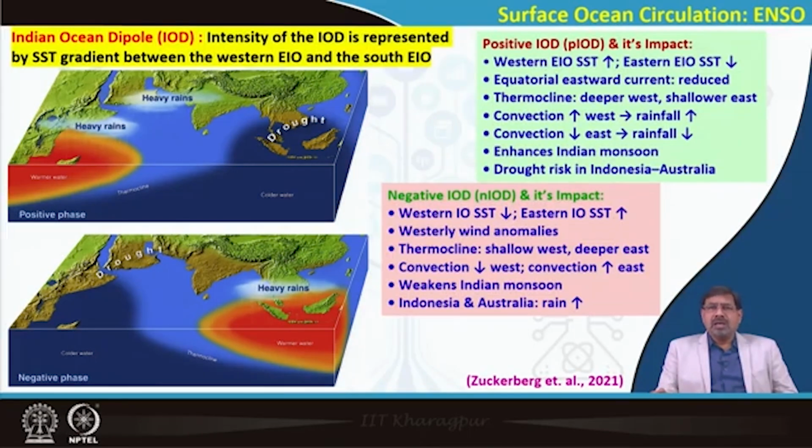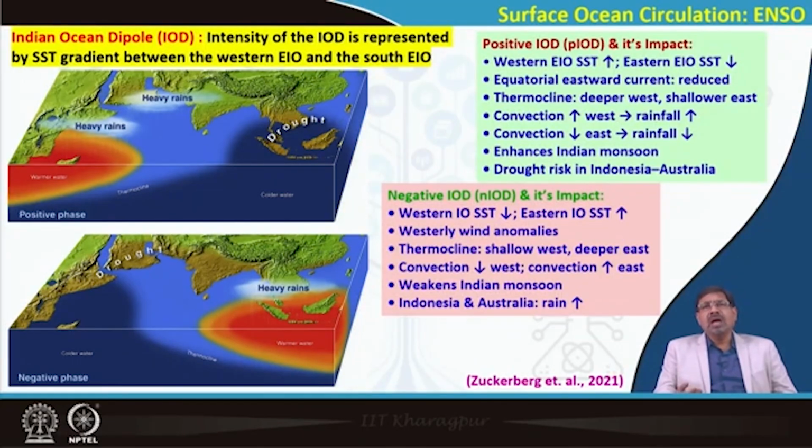So, the equatorial eastward current is reduced, the thermocline is deeper in the west and shallower in the east, and the convection moves west, more rainfall happens, and vice versa. In turn, it leads to an increase in the Indian monsoon precipitation. So, the drought risk in Indonesia to Australia is there, whereas in terms of the negative IOD, you can see the Indonesia and Australian region receive more rainfall.